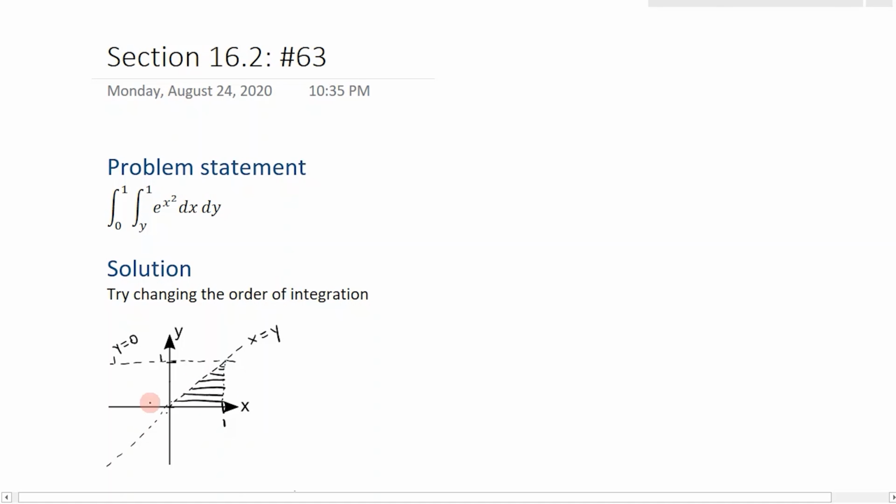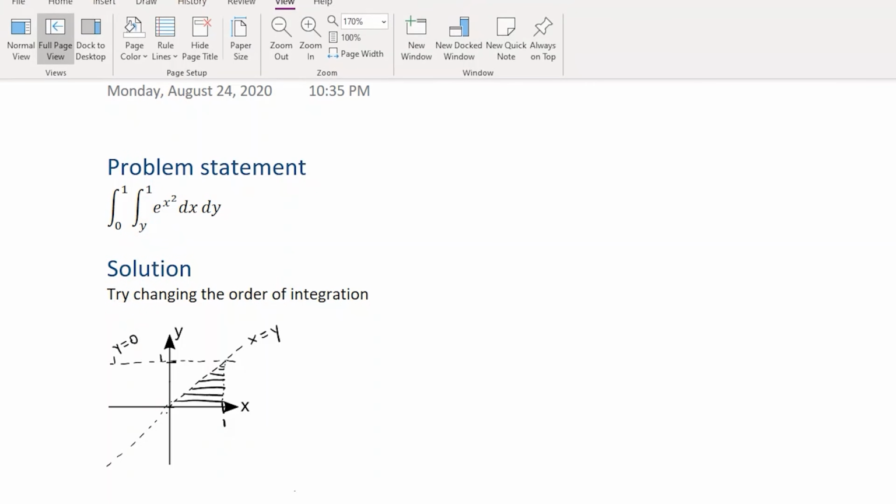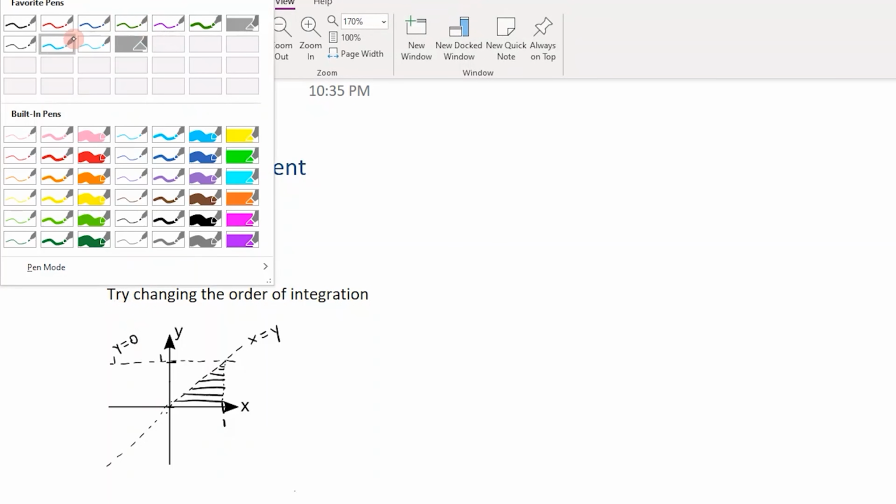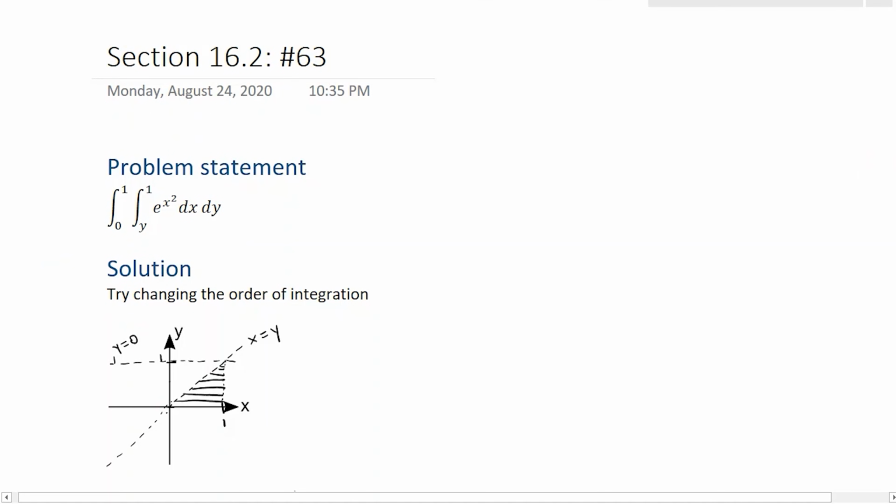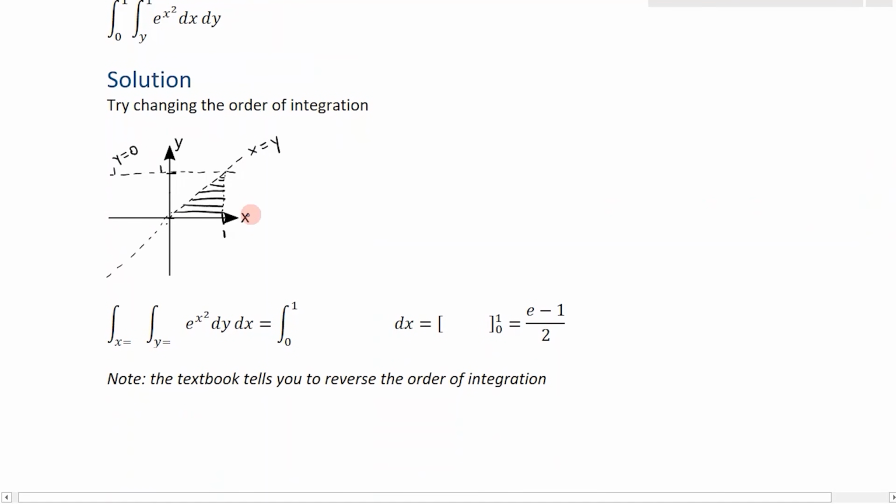Now what we will do is swap the order of integration. So we would integrate like this.